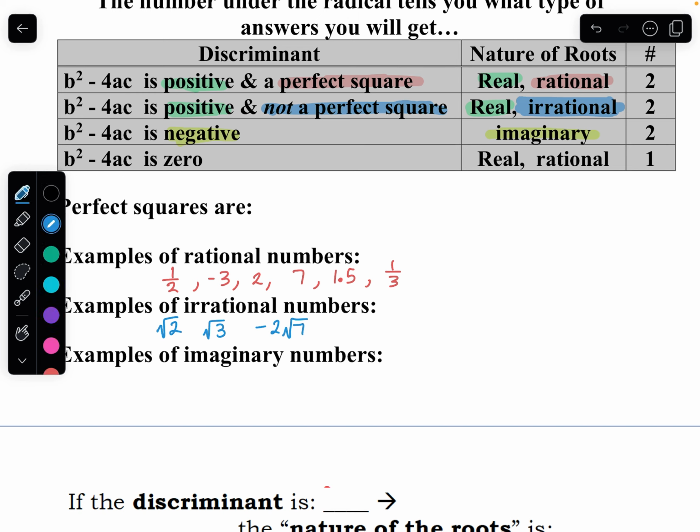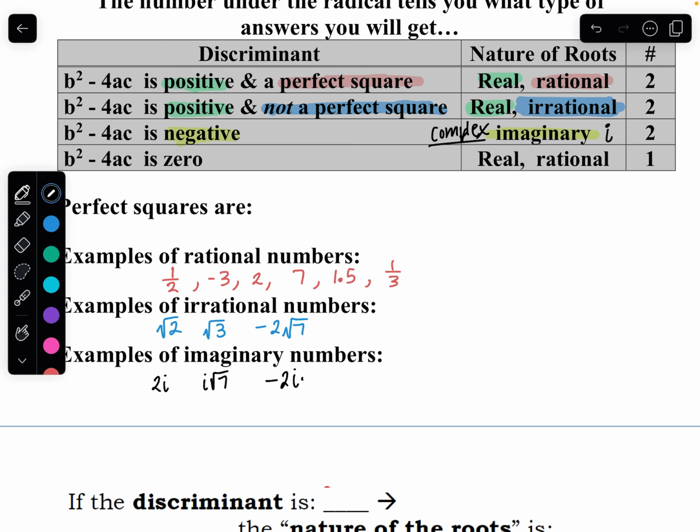If your discriminant is negative, that means you're going to have an imaginary part to your solution. Technically, these solutions are called complex, not just imaginary. They have an imaginary component, but they're complex numbers. That's when i shows up. Some imaginary numbers would be like 2i, or square root of 7 i, or negative 2i square root of 3.